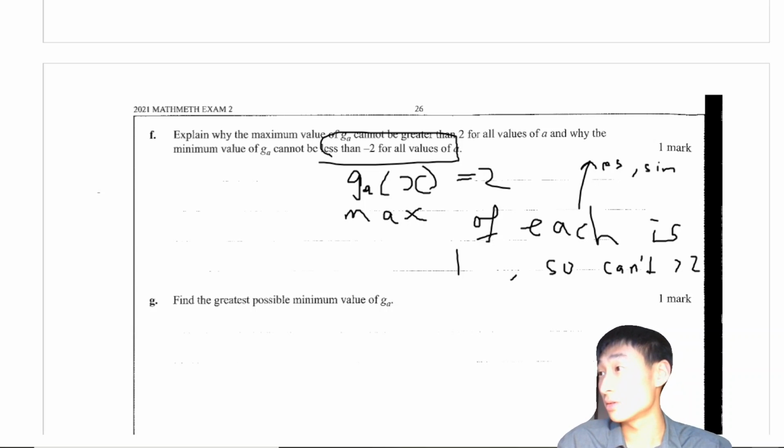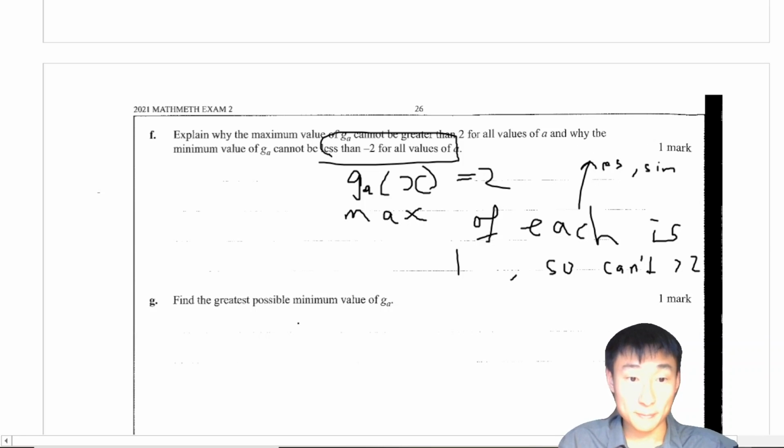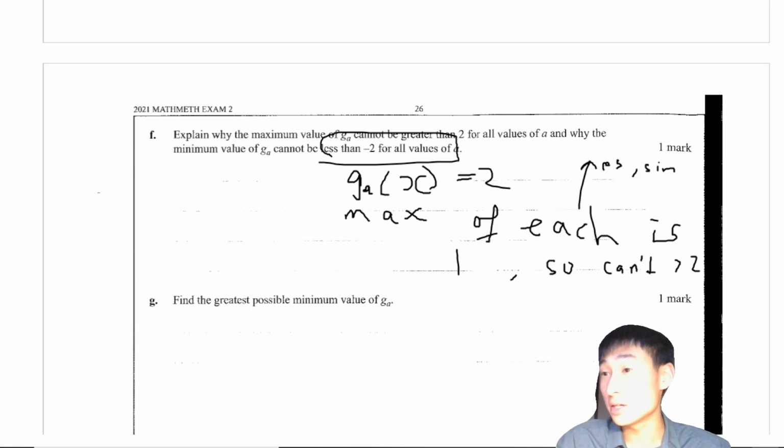Why is it a decimal? And why can't I write anymore? Okay, but anyway, the minimum value should be this, but in terms of GA. So we already have GA as that.